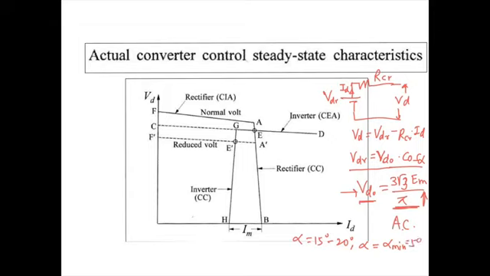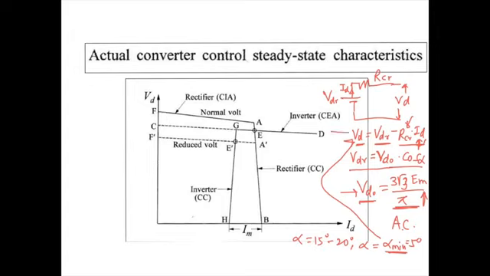So in that case, the equation corresponding to alpha minimum, which is shown here, can be represented by another straight line, in which VD represents the vertical axis, VDR represents the y-intercept, RC IR represents the slope of the line, and ID is the horizontal axis parameter.